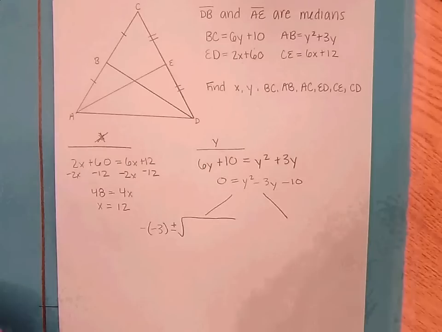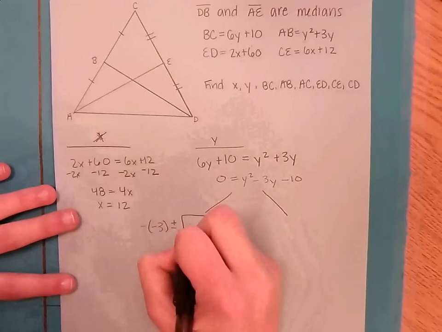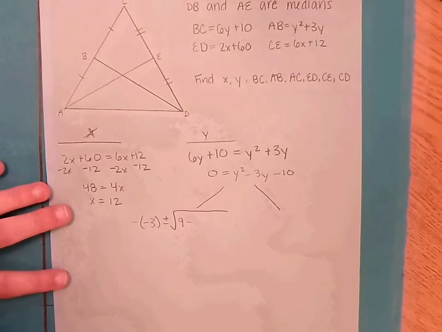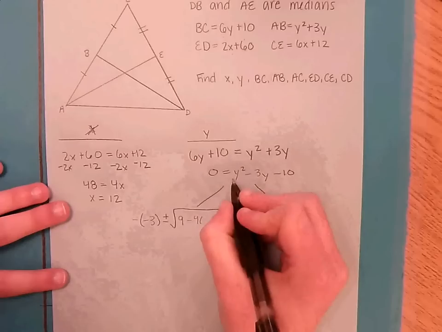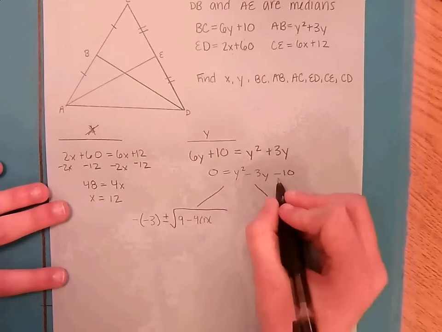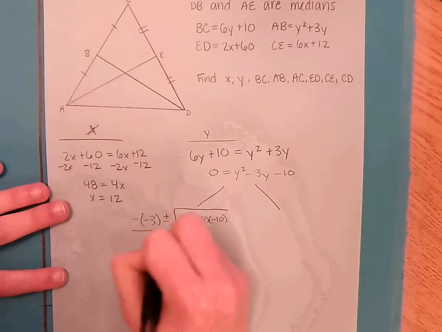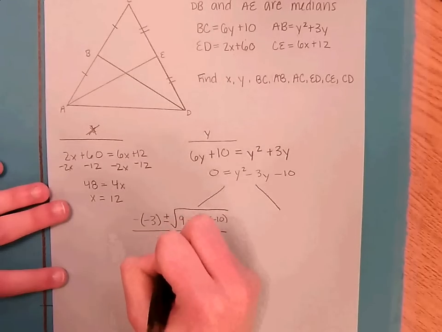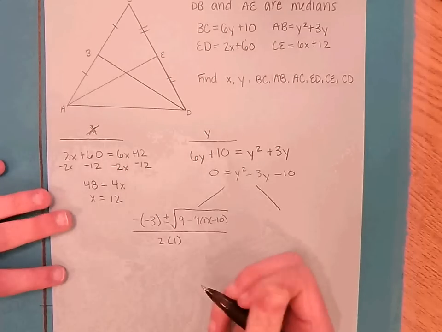Well, b is negative 3, and you have to square that. No matter what, it's going to end up being positive, and that gives you a 9. Minus 4ac. So you have 4, your a is 1 because there's no coefficient on the y squared, and then your c is negative 10. All over 2 times a, and again, your a is 1 because there's no coefficient on the y squared.